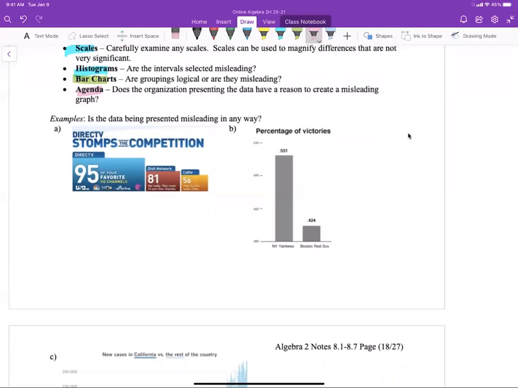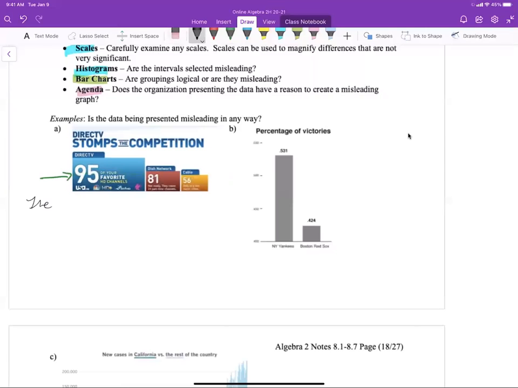What they have done here to mislead you is use area. 95 is not a substantial amount more than 81 or 56, but look at what they have done with the area of 95. Even if I were to double the 56 area, it would still not be as much area as what they gave for the 95 channels. So they have misled you by making the area of DirecTV much larger.